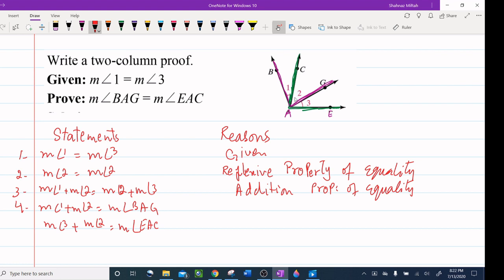That's the angle addition postulate. The measurement of angle 1 plus the measurement of angle 2 will add up and give me angle BAG. This is called the angle addition postulate.